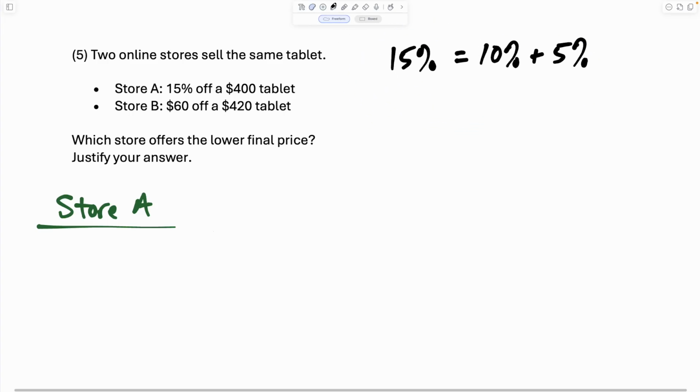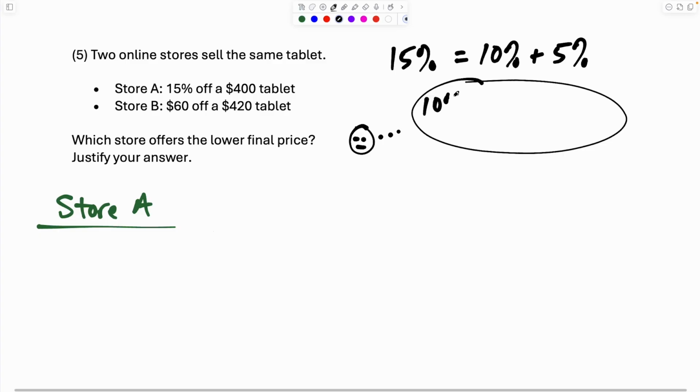So when I do this math for Store A, first I'm thinking of 10% of 400. And when I find 10% of 400, that's the same thing as doing 400 divided by 10, which is 40. If I had a decimal here, I would just move the decimal one space to the left, and that would give us 40.